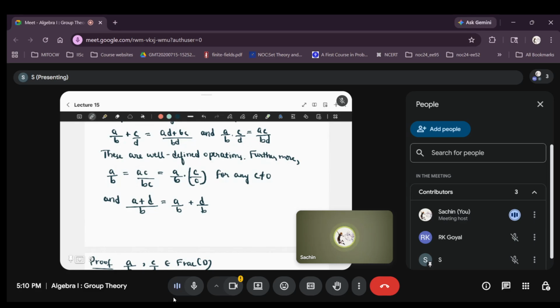So these rules hold for rational numbers, which are written as a fraction of integers. If you replace that by Frac D, the fraction set, where integers are replaced by elements from an arbitrary integral domain, then these rules still hold.